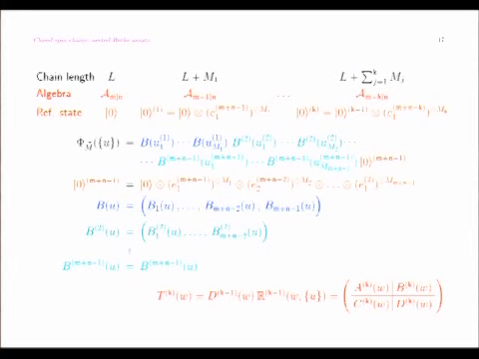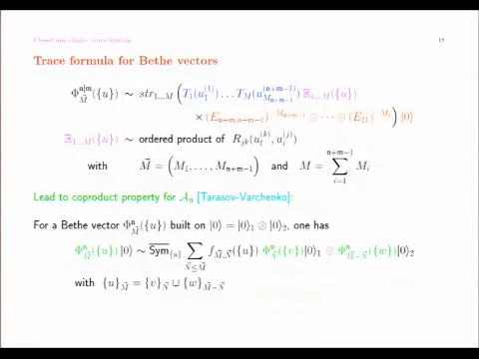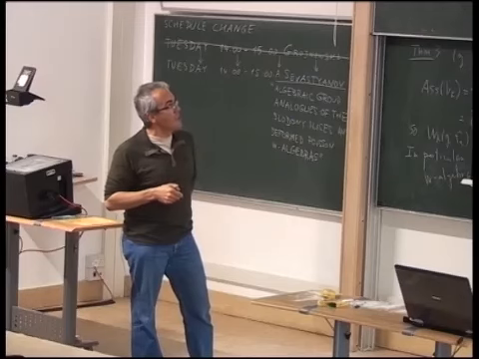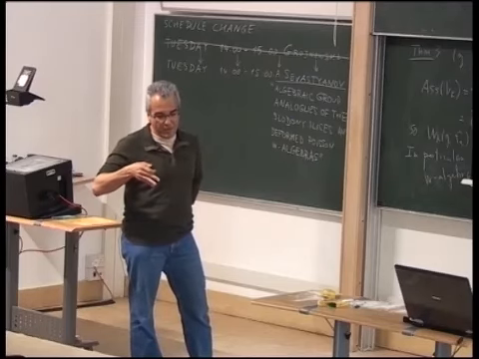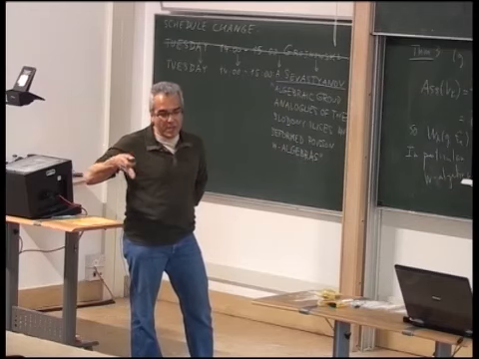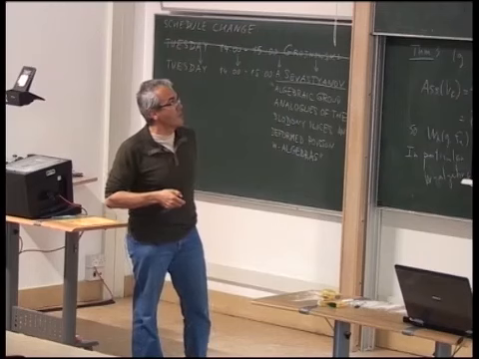Using this recursion relation between Bethe vectors, you can show that in fact they can be re-expressed in this way, where now you have the monodromy matrix acting on the initial chain of length L. You have m copies of this monodromy matrix, where m is the sum of all the m_i's, so all the number of B operators you were using to construct the Bethe vectors.